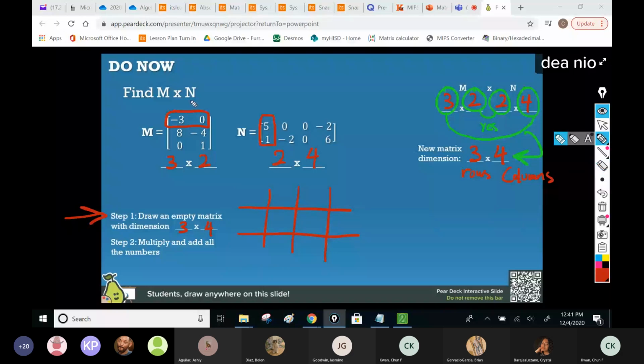And then first number times first number, so -3 times 5 plus second number times second number, so 0 times 1.